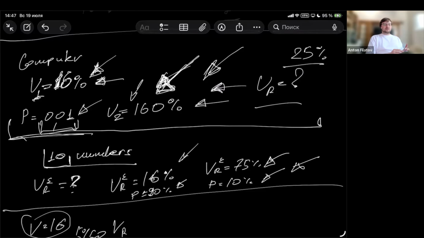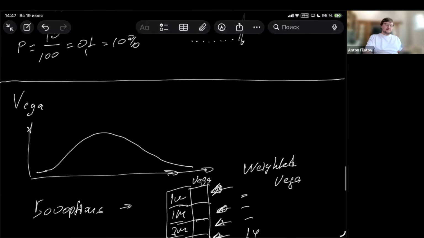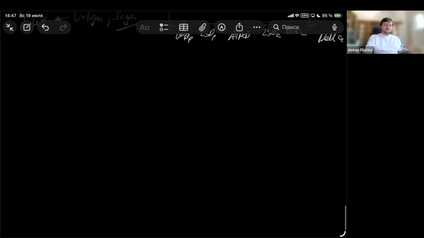You can read about it. It's not life-changing, but you need to know how to calculate realized volatility of five numbers. It's not some high-end math.